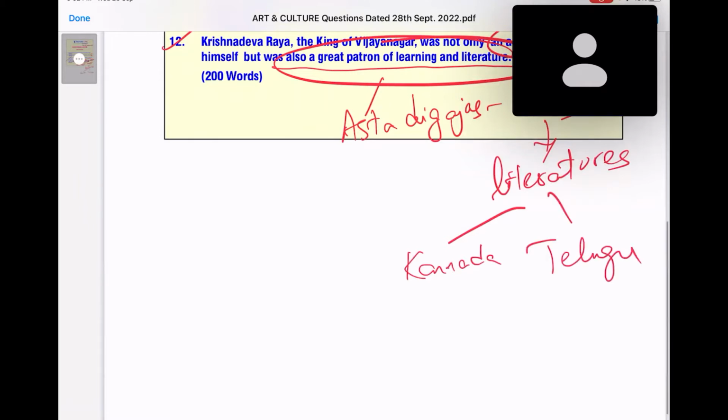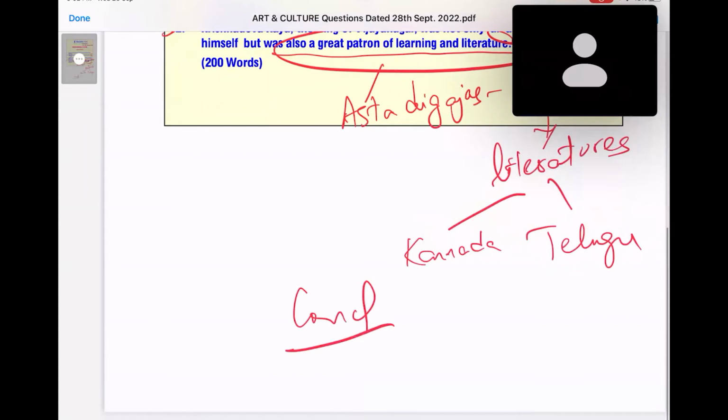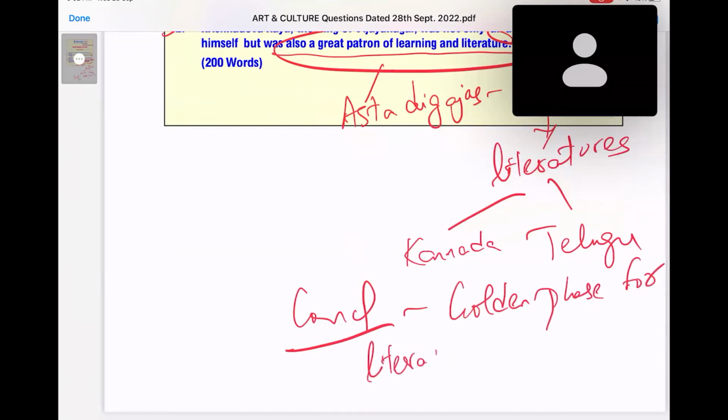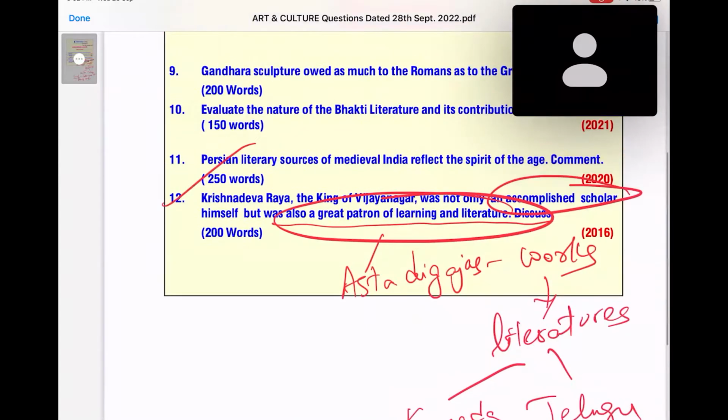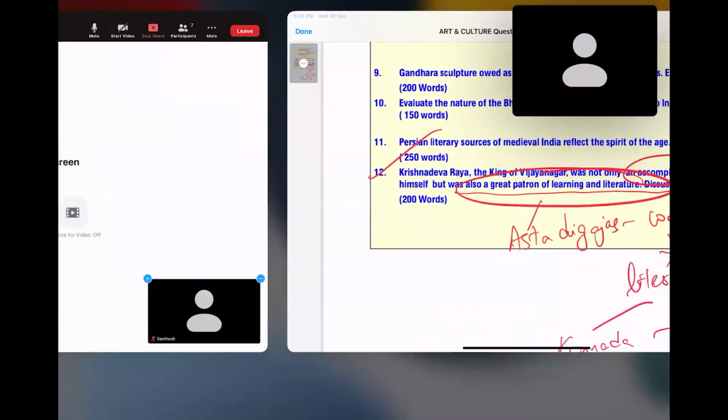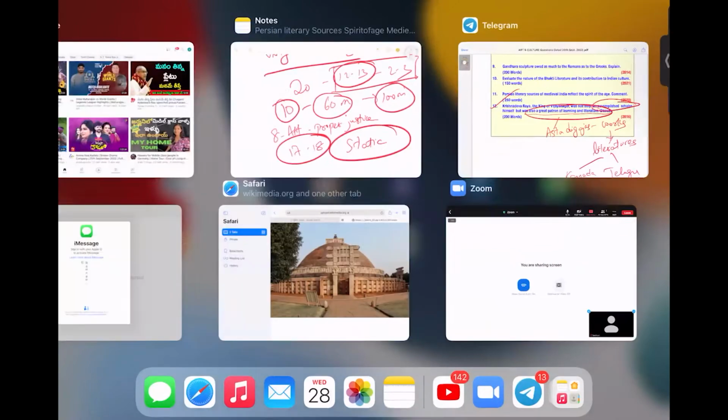And you have to finally conclude by saying how his time was a golden phase for literary works. Clear? This is the framework. Yes or no? Yes, sir.